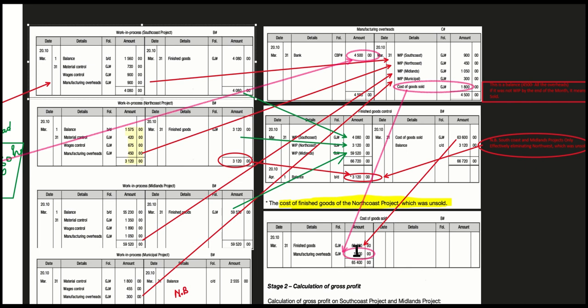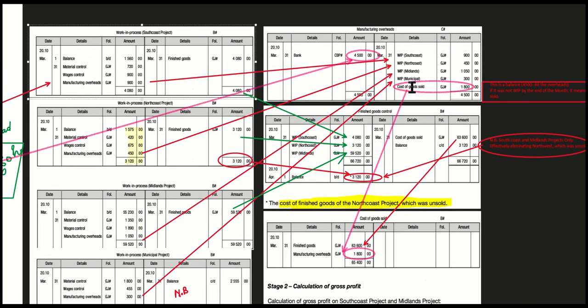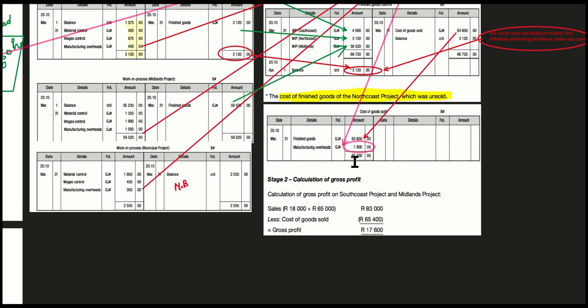It's that 63,600, right? It's there, we have it. But we also need to add what we consider from the manufacturing overhead. We consider that there was a cost of goods sold of 1,800. So adding the two together gives us this total cost of goods sold of 65,400.